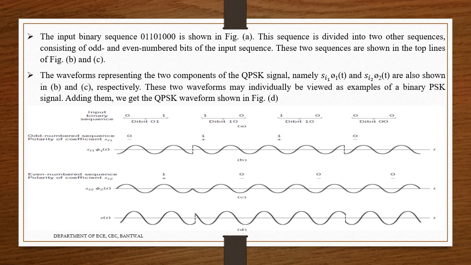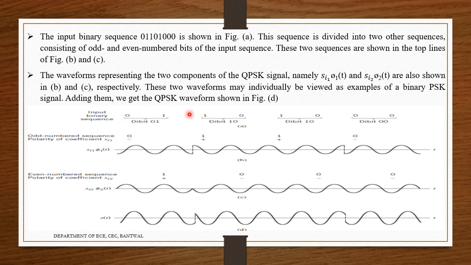So now how to make these two sequences when we have derived the dibits? One is for the in-phase component, another is the quadrature component. We can observe it here. The sequence is 0 1 1 0 1 0 0 0.